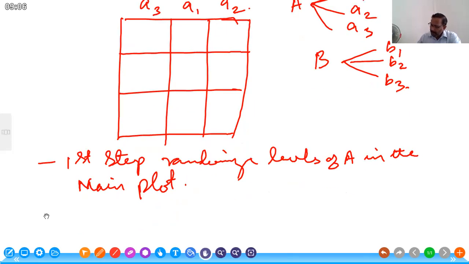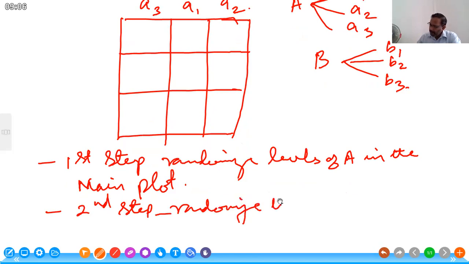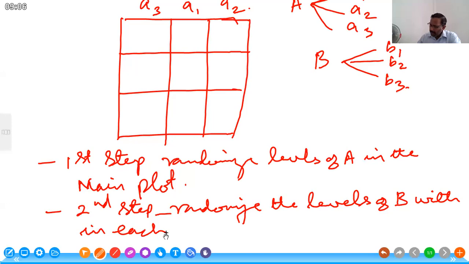Second step: randomize the levels of B within each main plot separately.